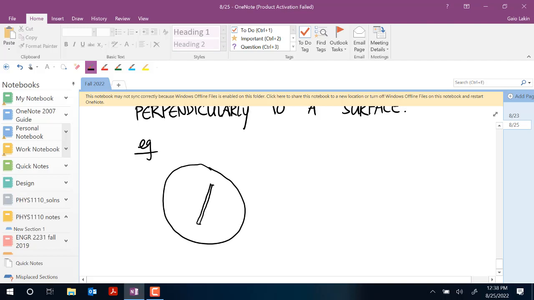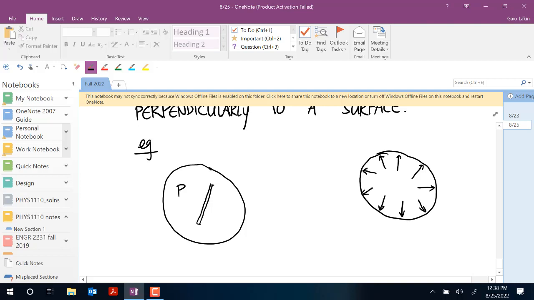And let's say that the pressure inside is P. Then that gas of pressure P is applying force vectors in this direction to the vessel.